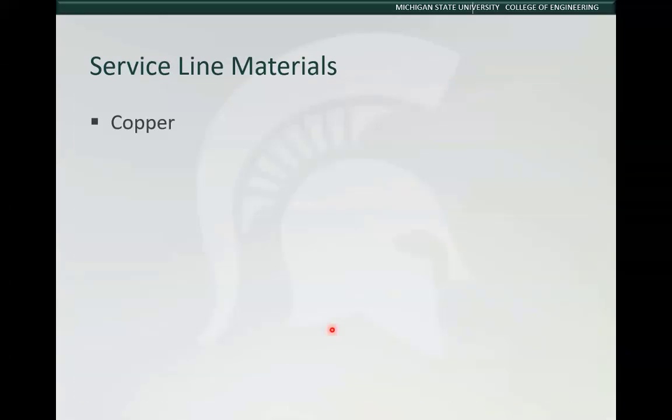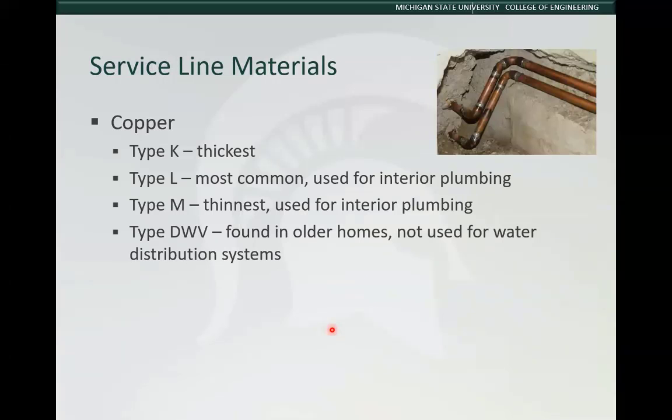So in terms of service line materials, they can be copper. And as many of you learned, there are multiple types of copper. So there's K, L, M, and then there's DWV. K is the thickest, M is the thinnest.